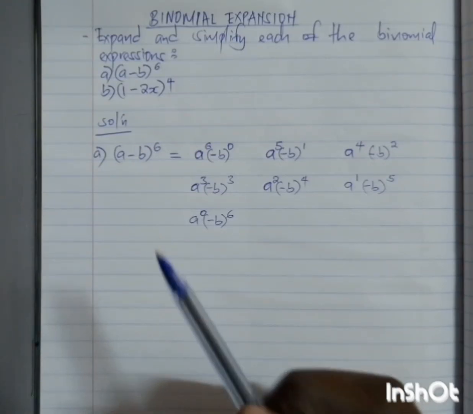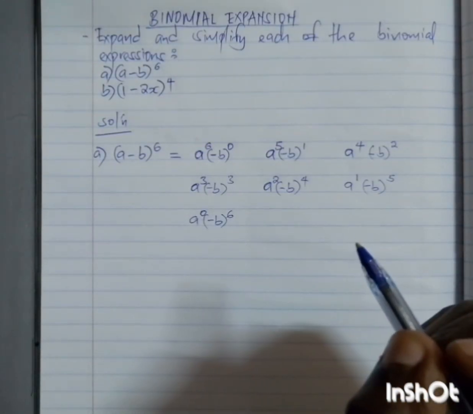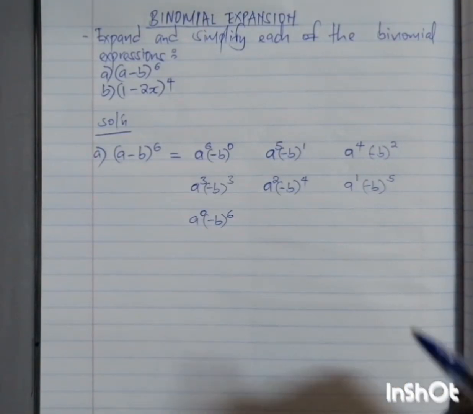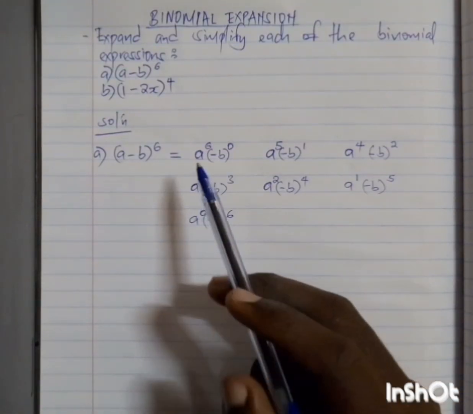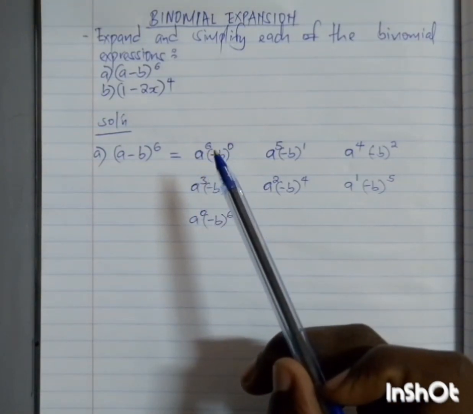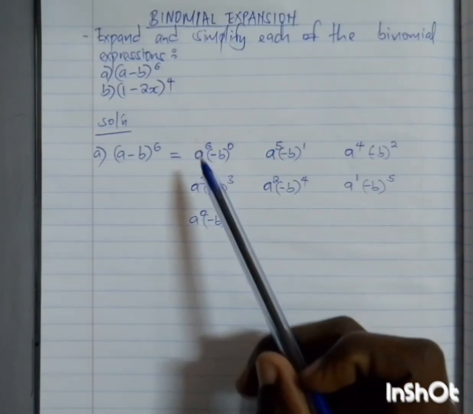We have 1, 6, 15, 20, 15, 6, and then 1. When you look in Pascal's triangle, you realize those are the coefficients of the power 6.